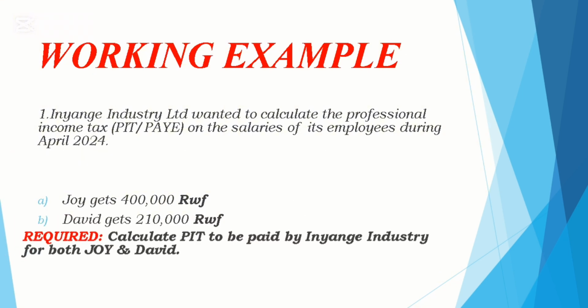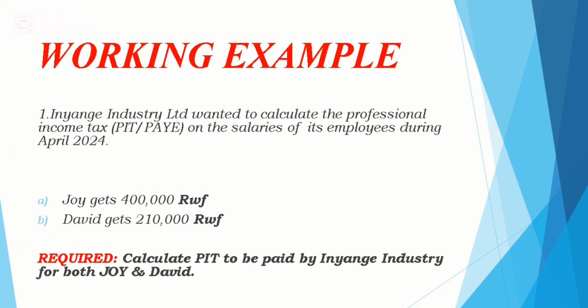Now, what you are required to do is to calculate professional income tax to be paid by Inyange Industry for both workers, I mean Joy and David. So do not worry, it is simple. We are going to pass through a number of those steps according to Rwanda Revenue Authority. Now keep following, you are going to know how it can be done.